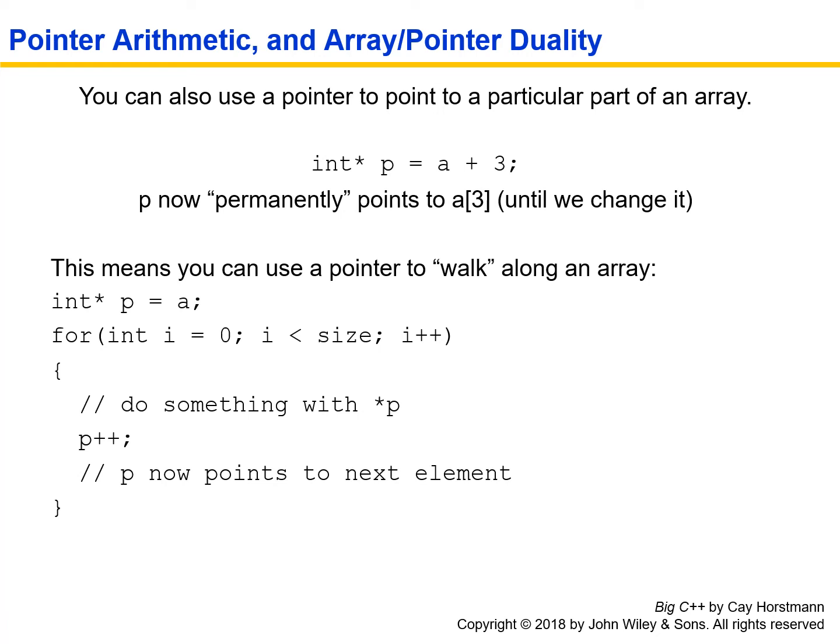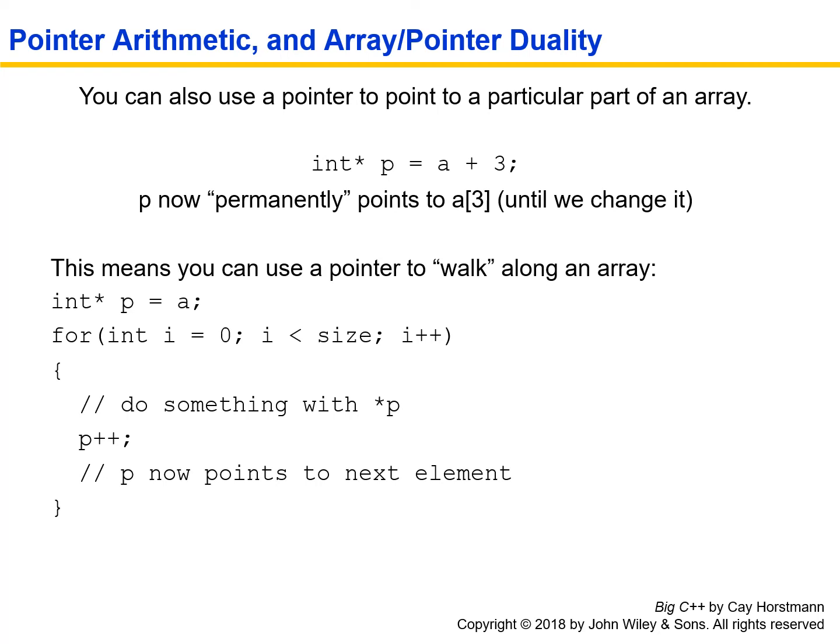This means you can also use a pointer to walk along an array. So if I declare int *p = a, p initially points to a[0]. I can then set up a loop where I do something with *p, I add it to a sum, or I print it out, or I multiply it by 10, or whatever I want to do with it.